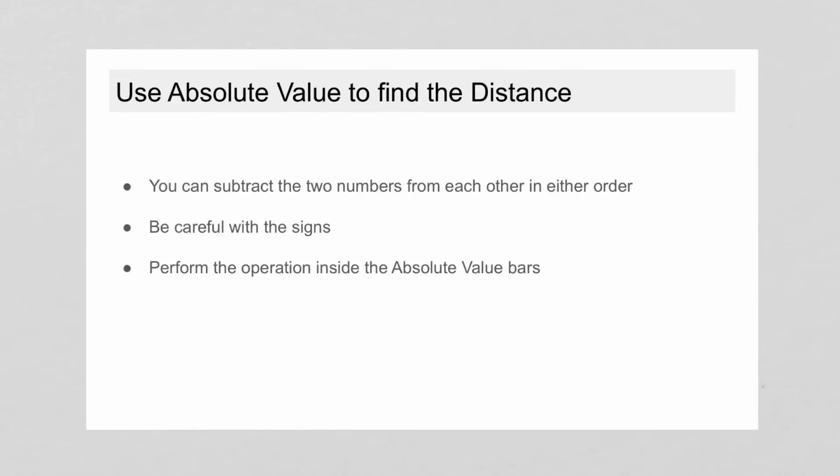And when we do, we're going to subtract the two numbers from each other in either order. The order doesn't matter, because we are going to use the absolute value of them. But I do want to point out, be careful with the signs, because sometimes we'll be subtracting a negative. So we can subtract the two numbers in any order we want, but we have to do that inside the absolute value bars because it's measuring a distance.